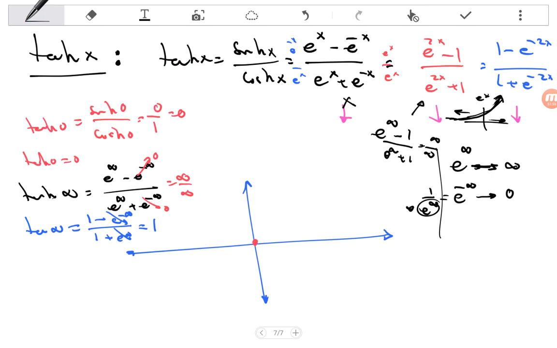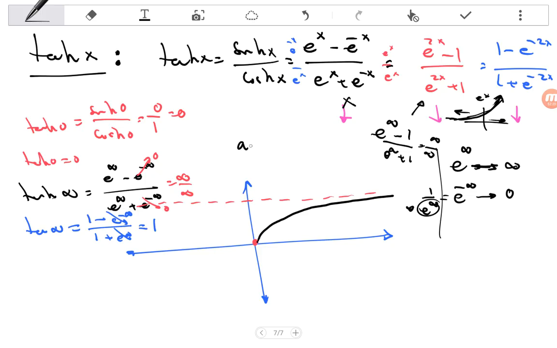So that's why we have a horizontal asymptote for the positive side. The curve of tanh will be like this, and it is approaching that red straight line.